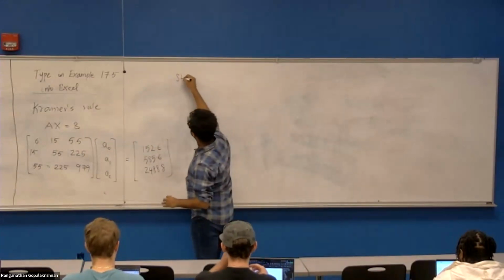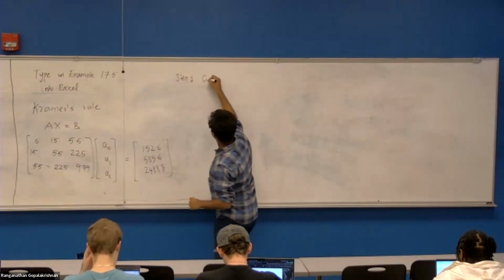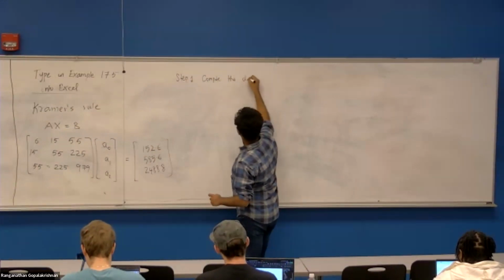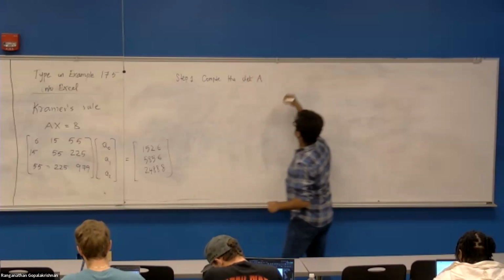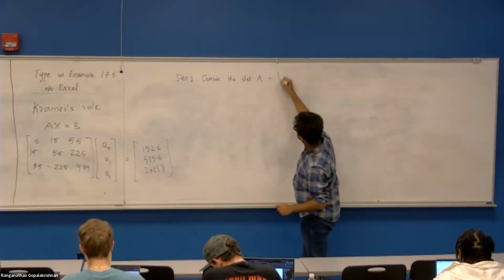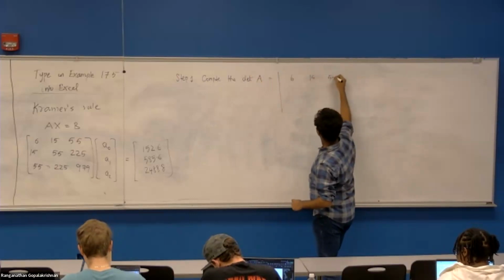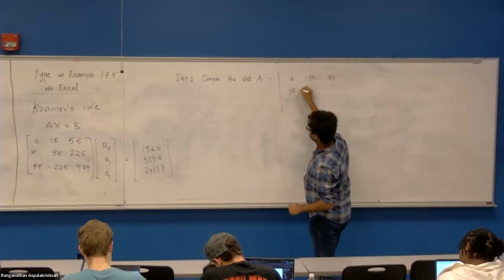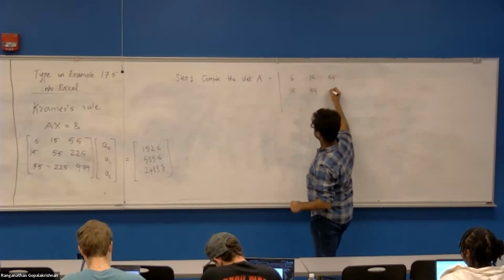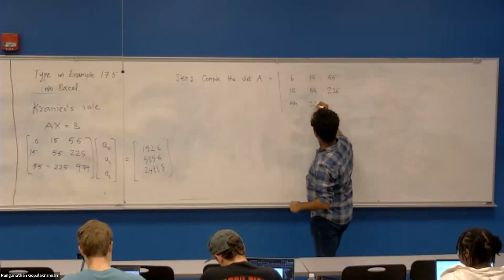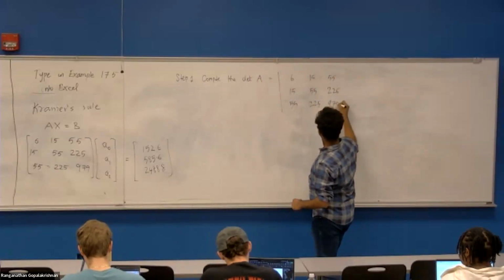Step 1, compute the determinant of A. You know how to compute determinant, which in this case is 6, 15, 55, 15, 55, 225, 55, 225, 979.